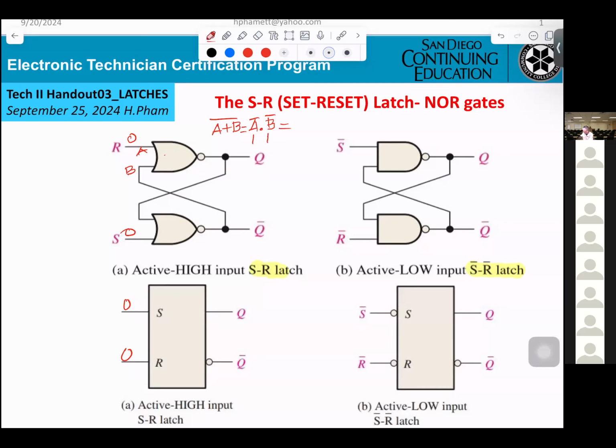So basically you get a 1, so Q will be equal to 1.